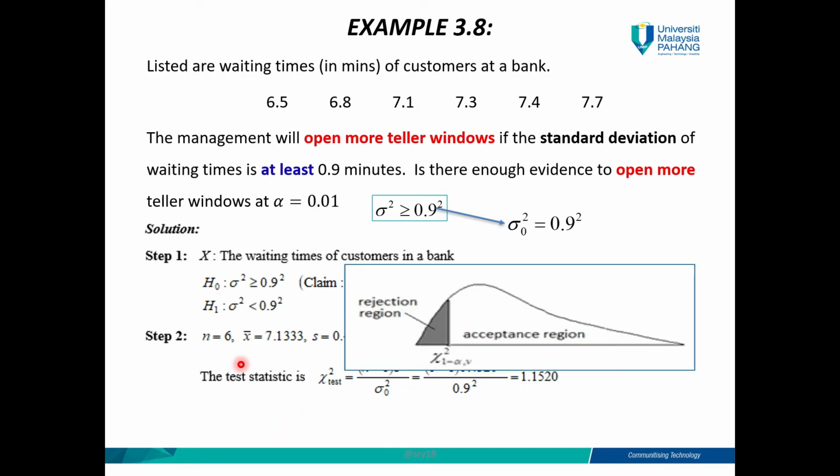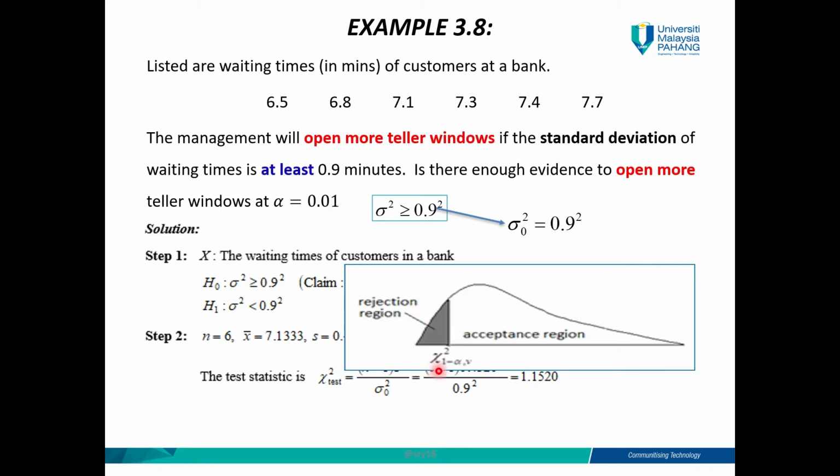After that, you will want to establish your rejection region and critical value. So this is a left tail test. If you look at these two expressions, this indicates that it is a left tail test. So you will have one rejection region on the left hand side, and the formula is chi-square 1 minus alpha, nu. So what is alpha here? 0.01.